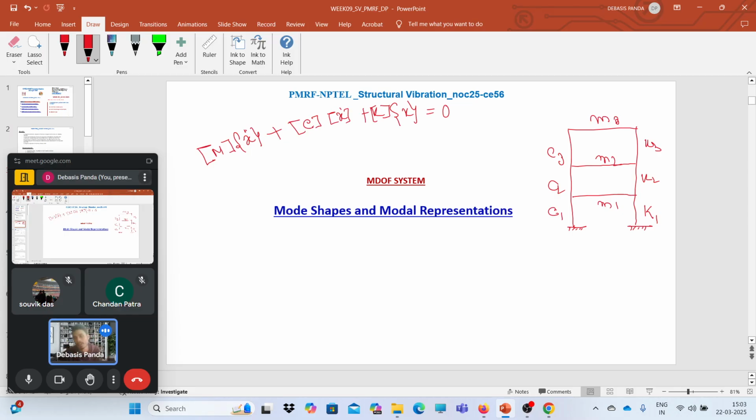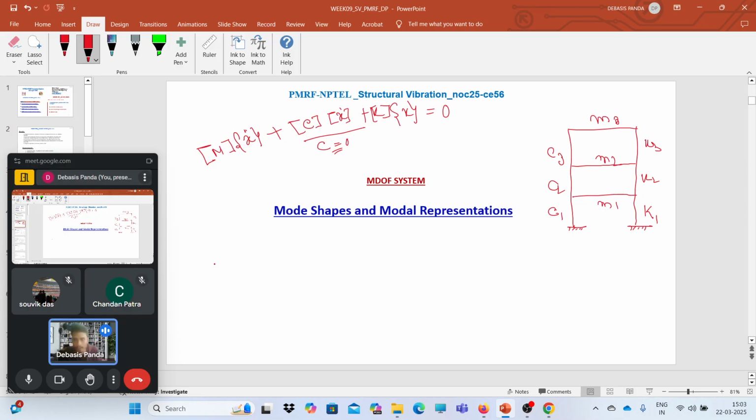First, whatever we have done, we considered that there is no damping present, say c equals to 0, and we solved the characteristic equation and found the mode shapes corresponding to each natural frequency.